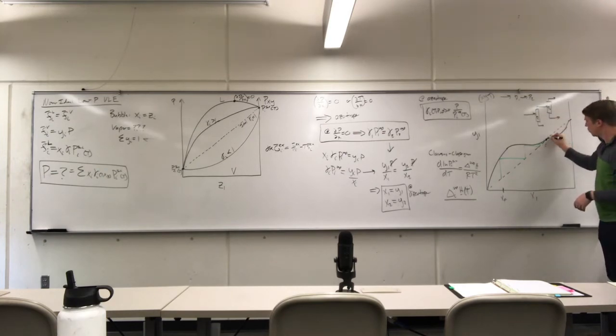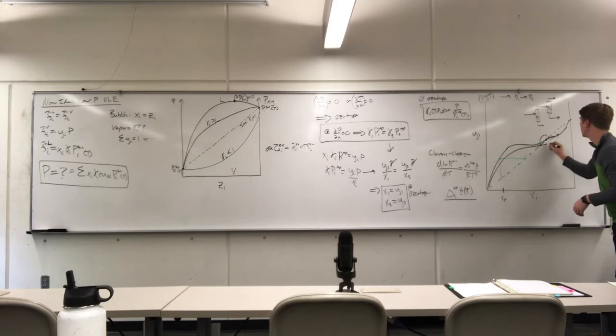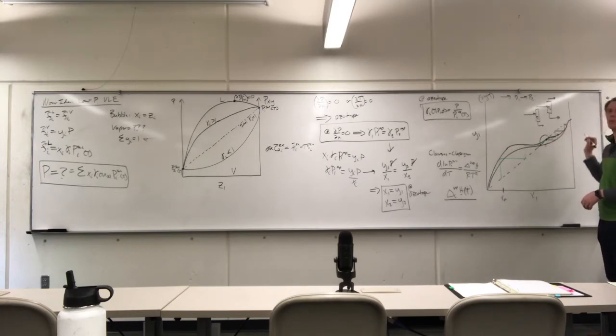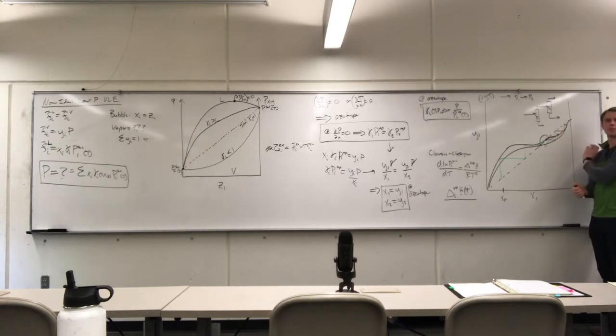Then if I can redo it, shift the azeotrope down here, the new curve might look something like this, in which case I can continue the rest of the way to pure fine material. So just because the curve is upside down, the same rules apply.